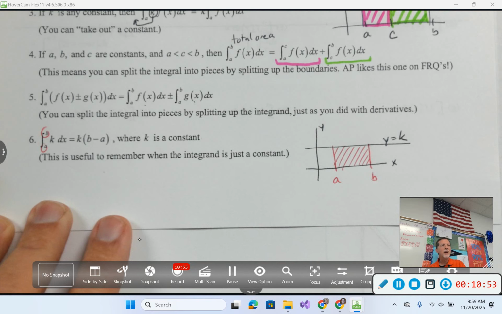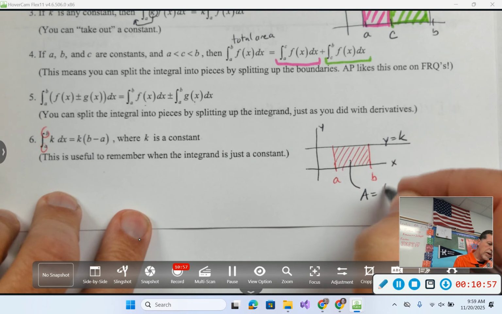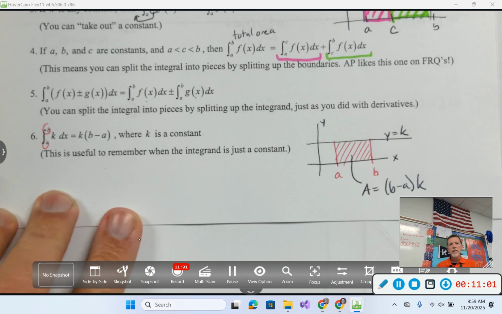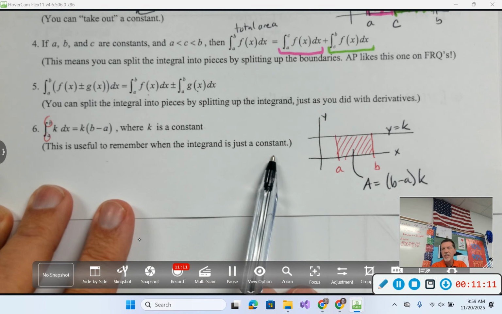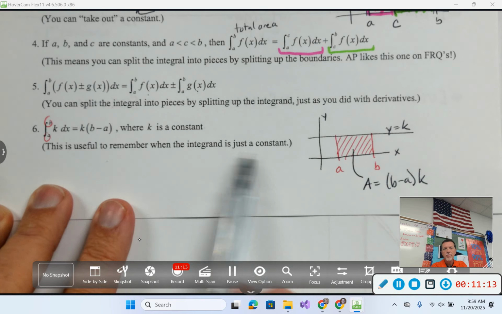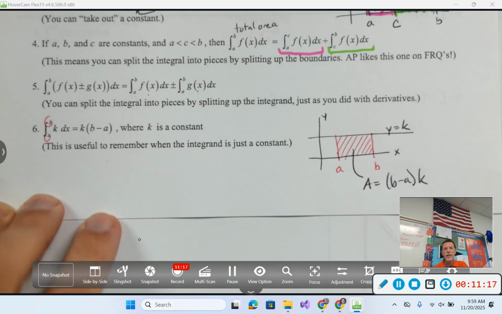That's just a rectangle. The base is b minus a, the height is k, so the area under that curve is just a rectangle. This is useful to remember when the integrand is just a constant, because you're finding the area under a straight line, so it's just a rectangle.